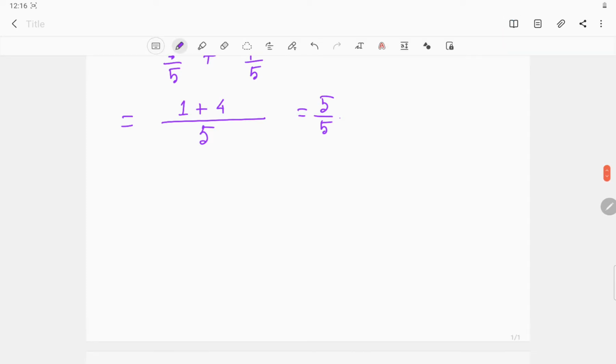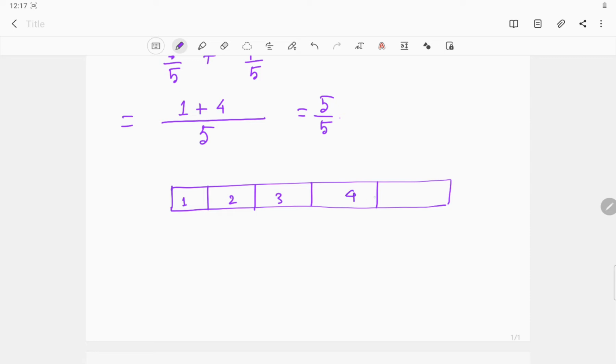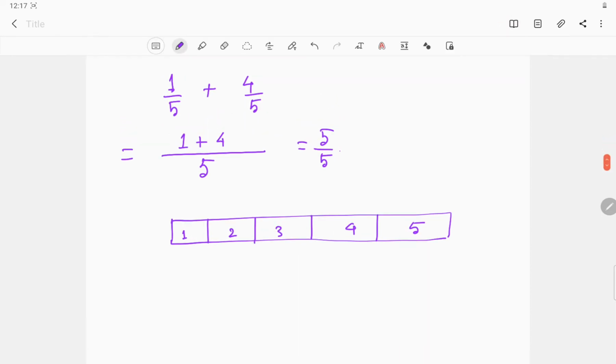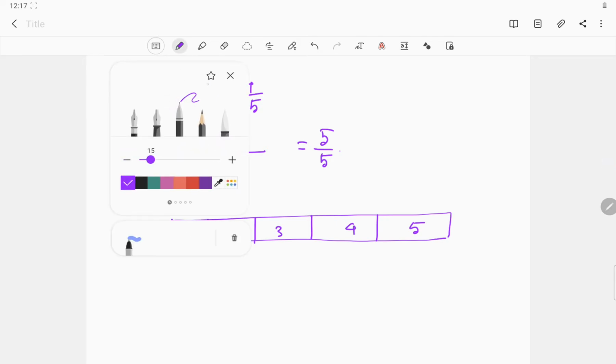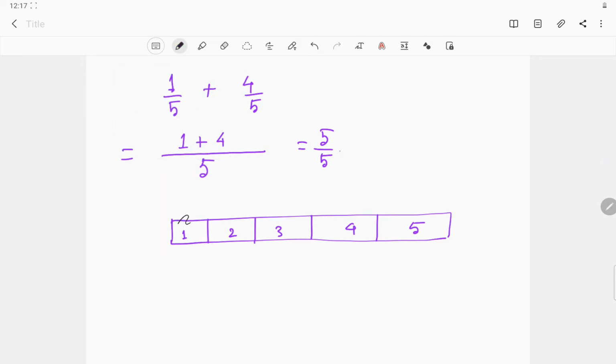Now what does it mean graphically? Graphically it means, if I take a whole strip and divide it into 1, 2, 3, 4 and 5 parts, out of 5 I have taken only 1 by 5th. This is 1 by 5th.